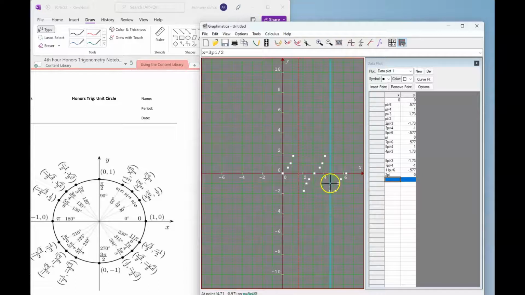What is this stupid point doing here? Where is that at? That shouldn't be there. Very confused. You, Mr. Point.